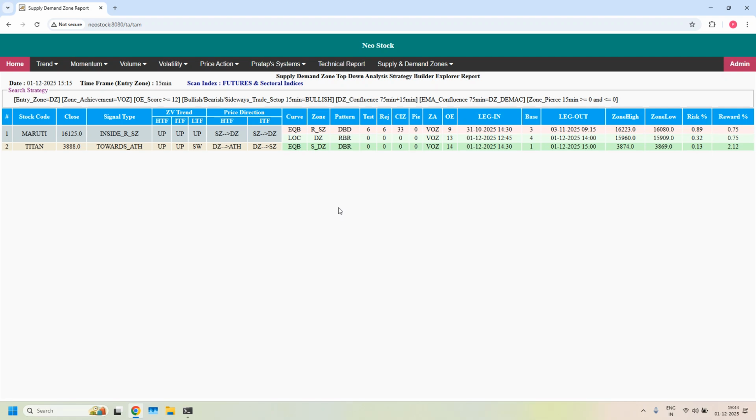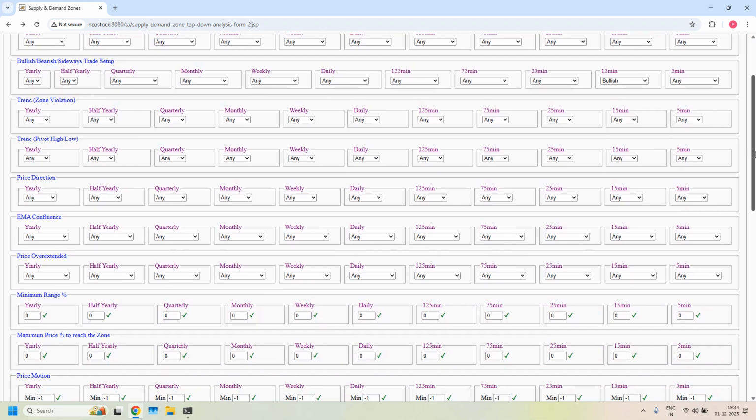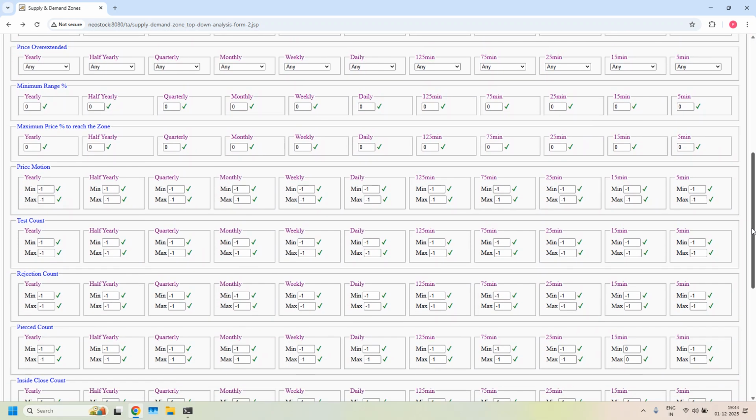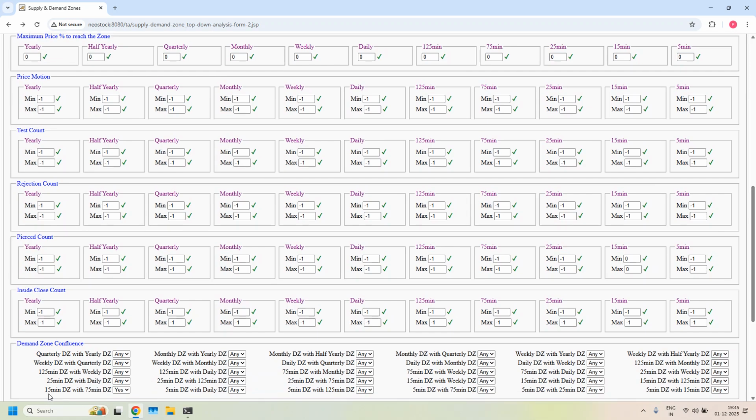Okay, next we will generate the report based on the second strategy, removing ITF EMA filter. Second strategy, first step, 3 filters I have to set: LTF, ITF, HTF demand zone confluence, that is 15 minutes, 75 minutes and daily demand zone confluence. 3 filters.